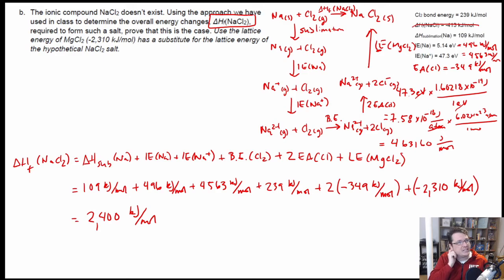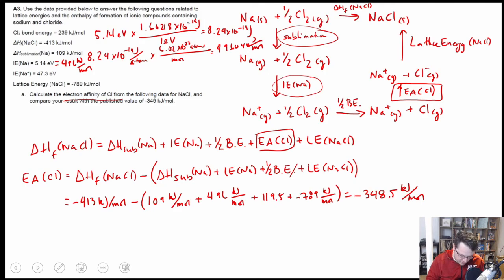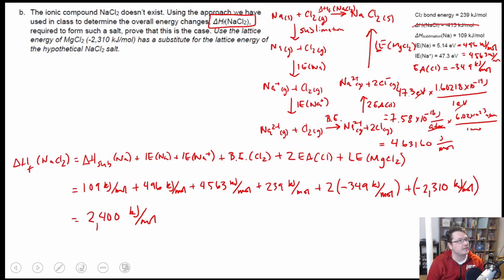You'd rather lose energy and stabilize yourself further and be in a lower energy state than in a higher energy state. Whereas in this case, you're at a positive 2,400. If you look at the delta H of formation for sodium chloride, that's a negative 413, which is a favorable value. So that tracks, and 2,400 kilojoules per mole is an expected value.